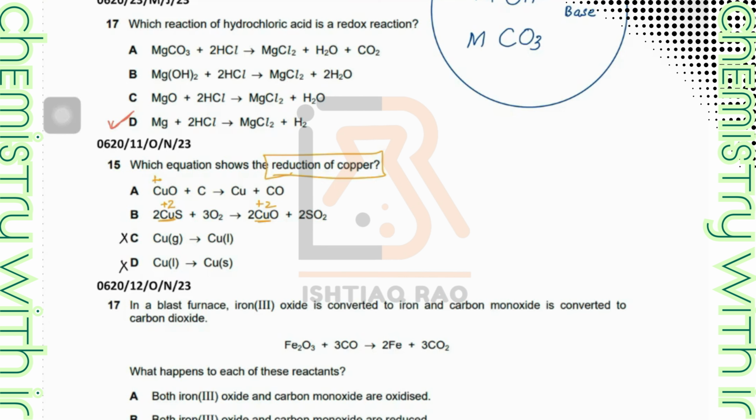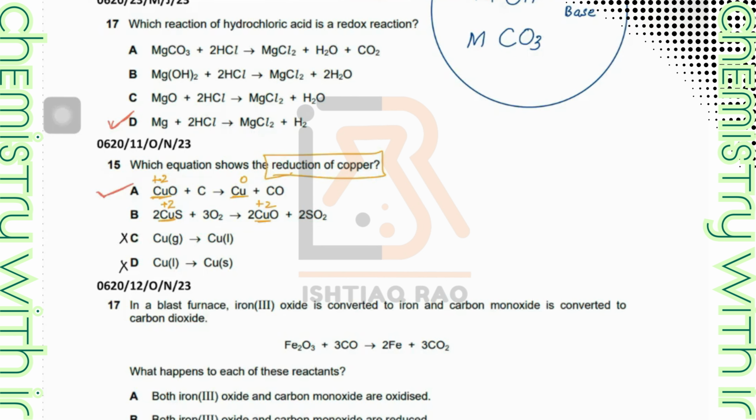Copper is plus 2, copper is 0, because a single element is always 0, whether this is magnesium, sodium, aluminum, scandium, titanium, vanadium, iron, any single metal would be 0. So plus 2 to 0: there is a decrease in charge. So this is reduction. That's why A is correct.